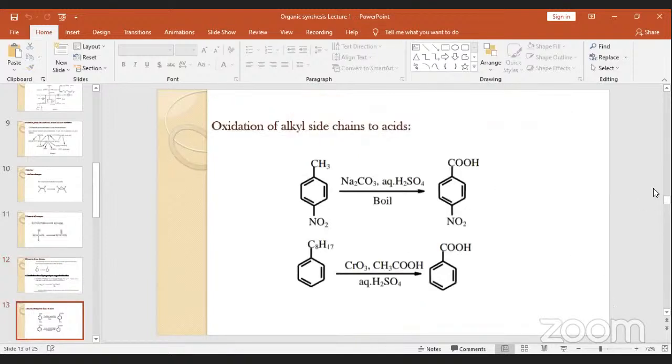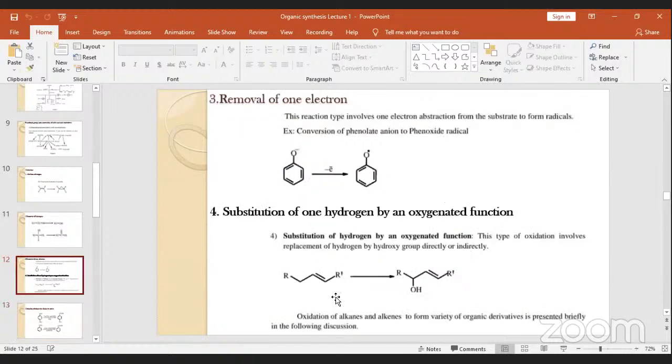Similarly, another type is substitution of one hydrogen by an oxygenated function. What are the important oxygenated functions? You have the hydroxy group. If you replace hydrogen by a hydroxy group, that is also an oxidation reaction. For example, alpha to the double bond, this is an allylic methylene, slightly acidic, and replacement of this hydrogen is possible with a hydroxy group.